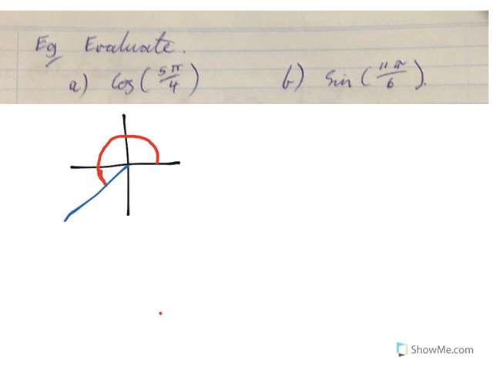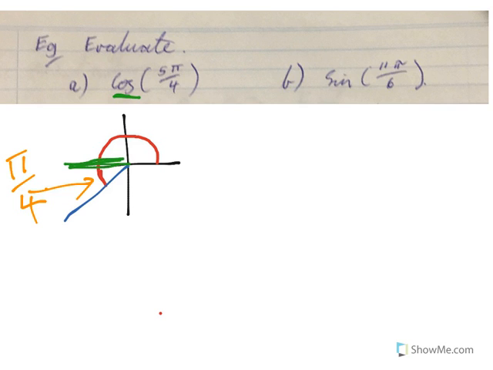Now the key thing here is that this angle in there is pi on 4. We're after cos, and cos is negative in this quadrant.